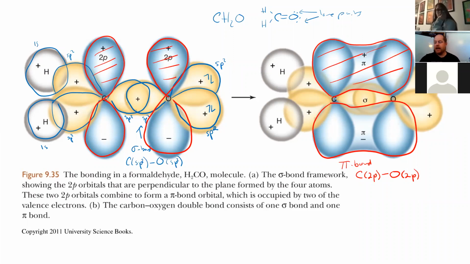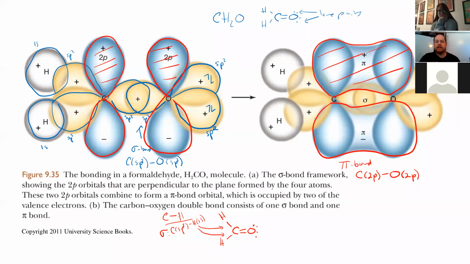I should be able to go and say, hey, if I have this formaldehyde Lewis structure, I should be able to look at this and say, hey, each of those carbon-hydrogen bonds, each of those CH bonds, each of those are sigma bonds, and they come from the carbon sp2 bonded to a hydrogen 1s in each case.